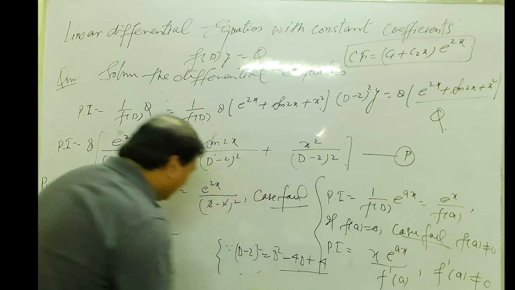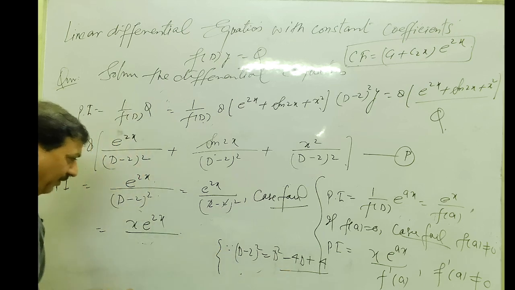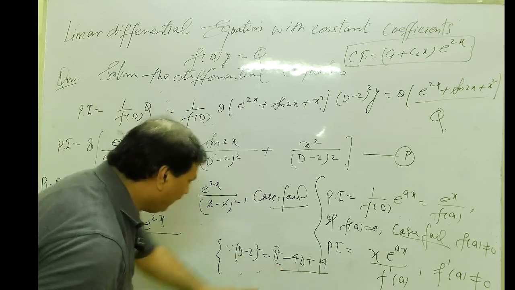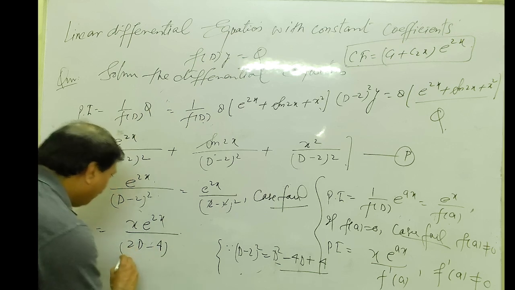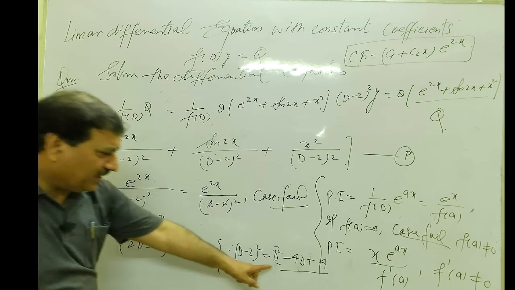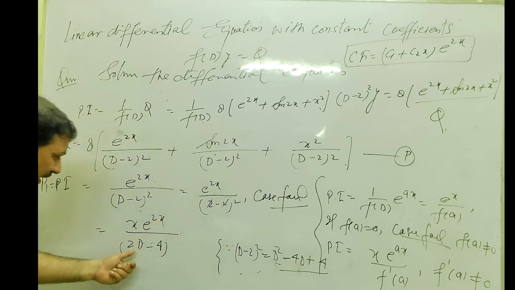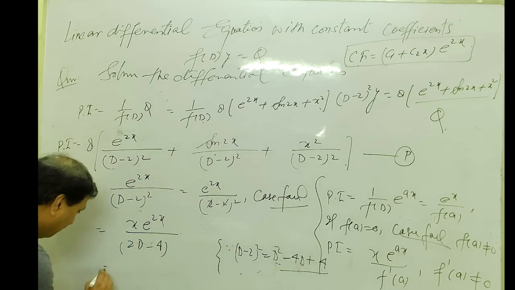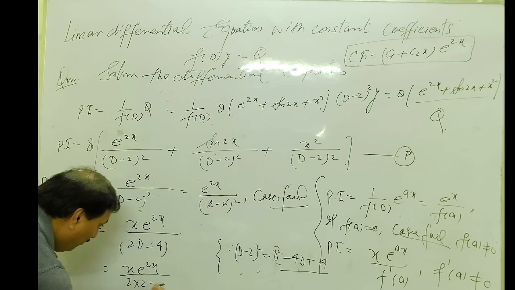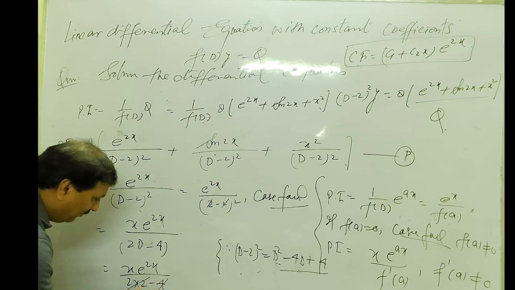Differentiating, the derivative of D square is 2D and the derivative of 4D is 4. Again put the coefficient of x, 2, here: x e to the power 2x upon 2 into 2 minus 4. 2 into 2 is 4, 4 minus 4 is again 0.